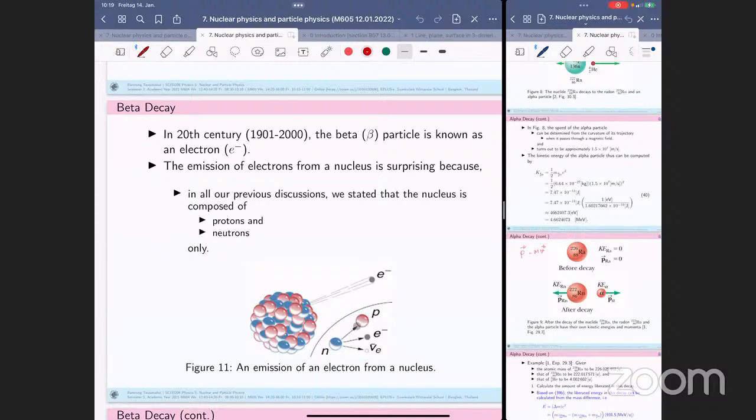And maybe you have seen the structure of the neutron before, right? Neutron and proton are made of up quarks and down quarks. Two up quarks means it's a proton, and two down quarks means it's a neutron, right? And the quark can change itself.